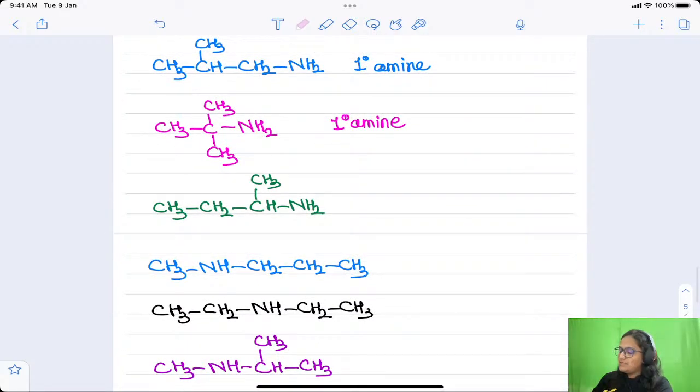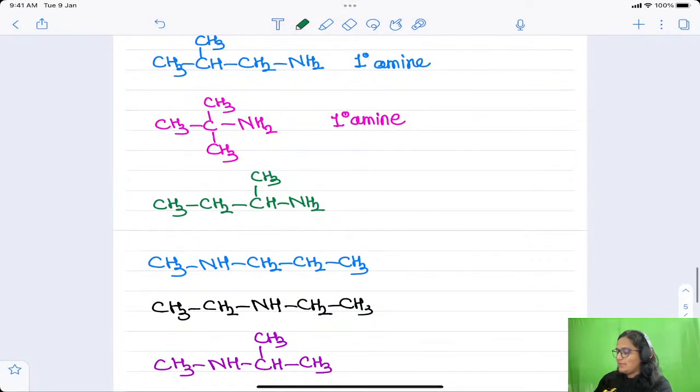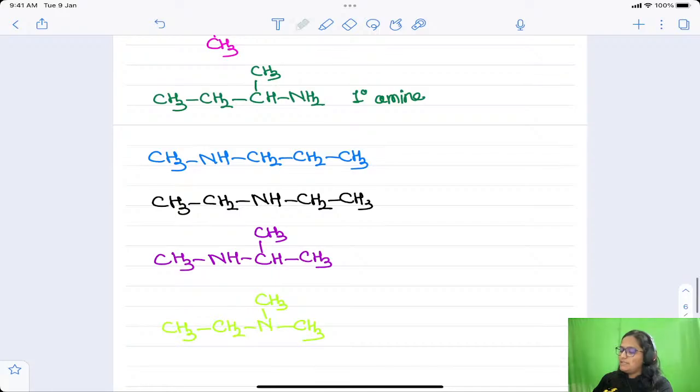Then the next one here is also NH2, so this is also a primary amine. So these are the primary amine skeletons for this formula. The next one here is NH, so NH stands for secondary amine.